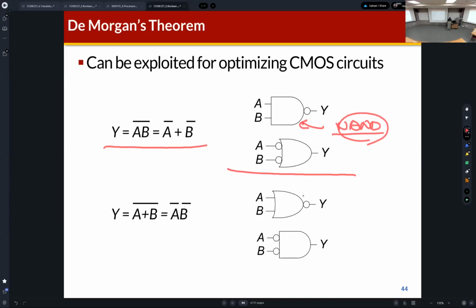The De Morgan theorem says this NAND gate can be changed into an OR gate with the inputs A and B inverted, so you find bubbles at the inputs.